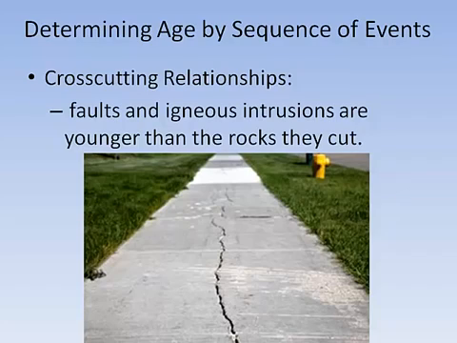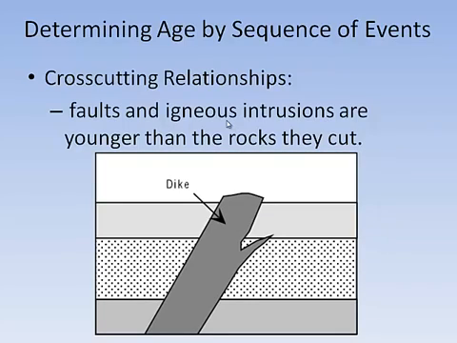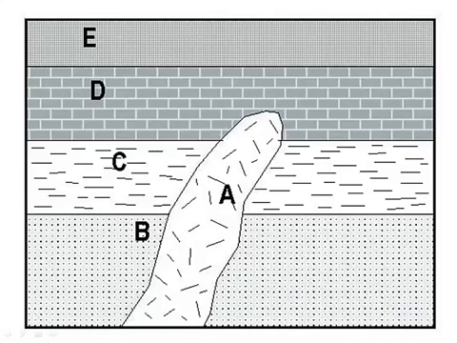That's the basic idea of cross-cutting relationships. Rocks have to be there before you can have faults in them, or magma can intrude into them. So let's look at this picture. These layers of rock had to be present before this magma could squeeze into them. That's pretty simple, really.